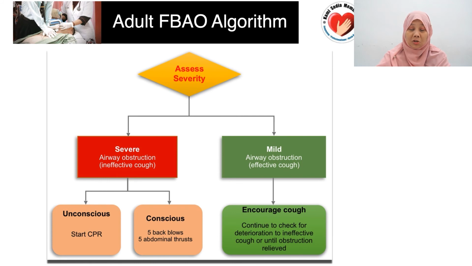Or if there's unconsciousness, we start with CPR. Remember, in mild airway obstruction where a person has an effective cough, we are to encourage the cough and continue to check for signs of deterioration to ineffective cough or until the obstruction is relieved.